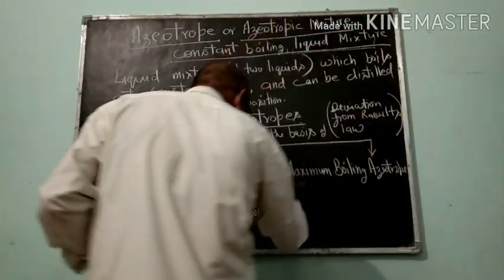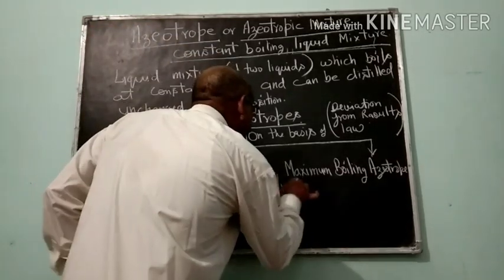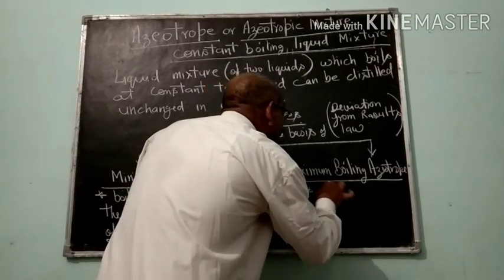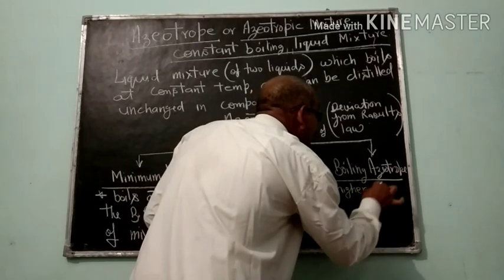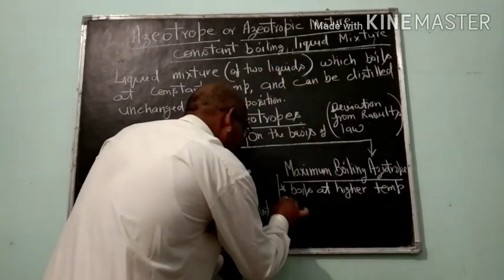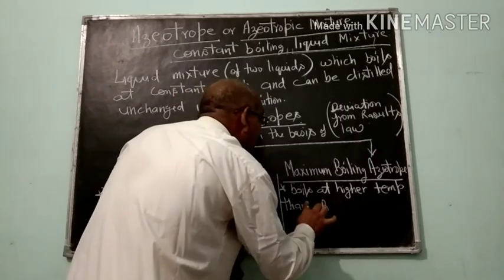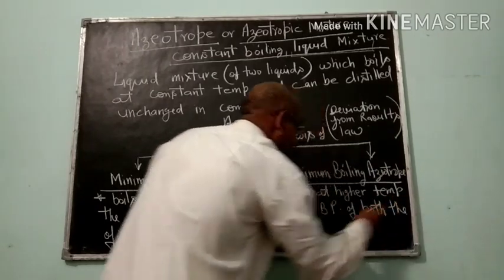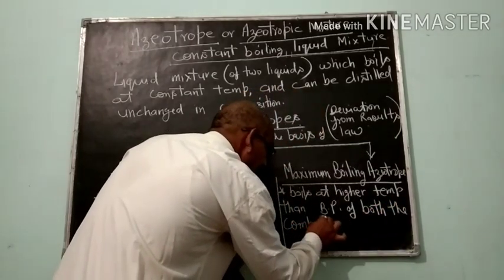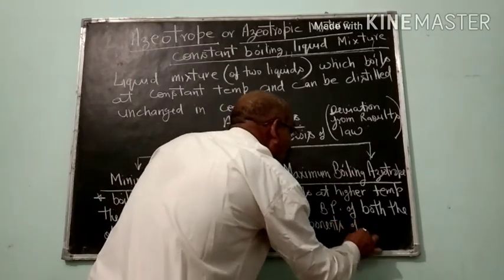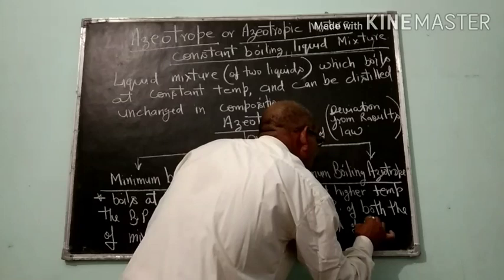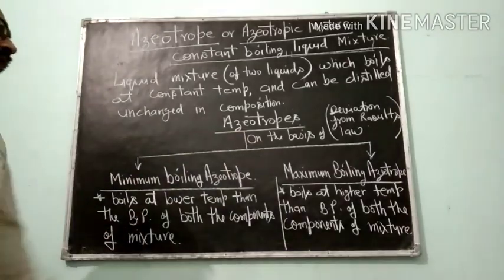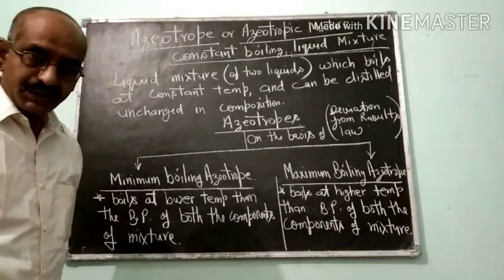On the other hand, if the liquid mixture boils at higher temperature than the boiling point of both the components of the mixture, it is called maximum boiling azeotrope.